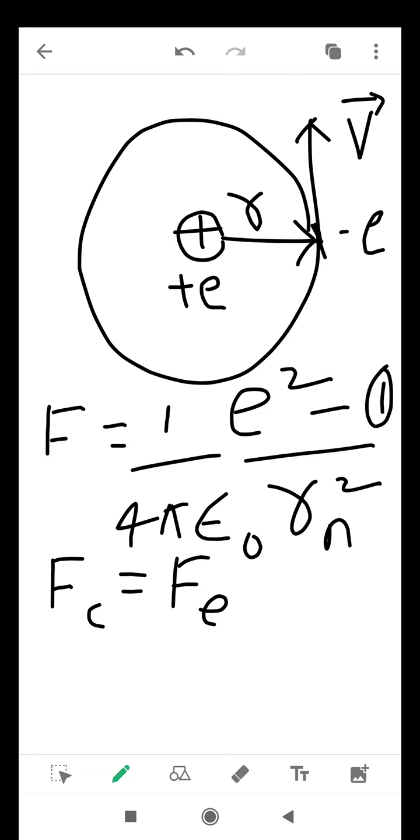Now we know the value for centripetal force. Centripetal force is given by m v_n squared divided by r_n, since we are considering the nth orbit.